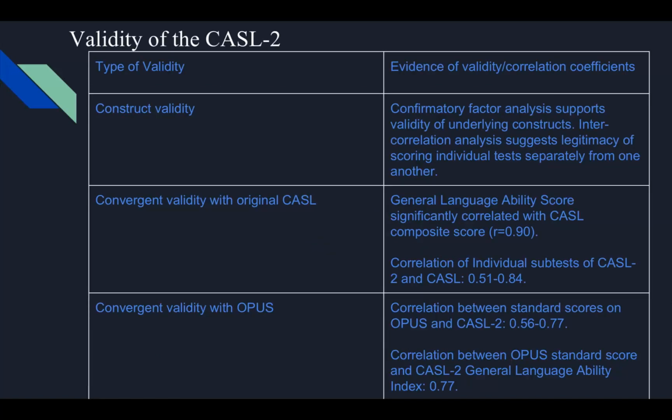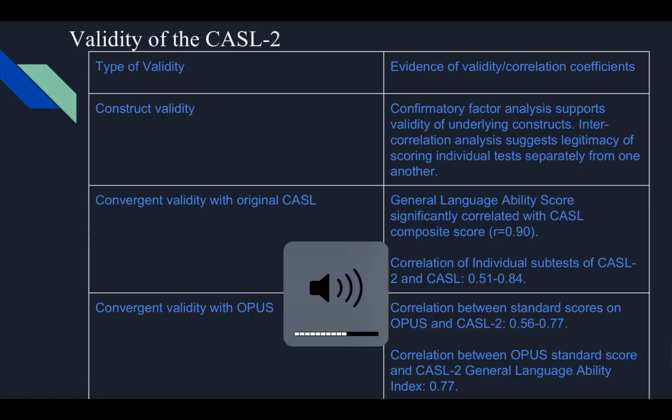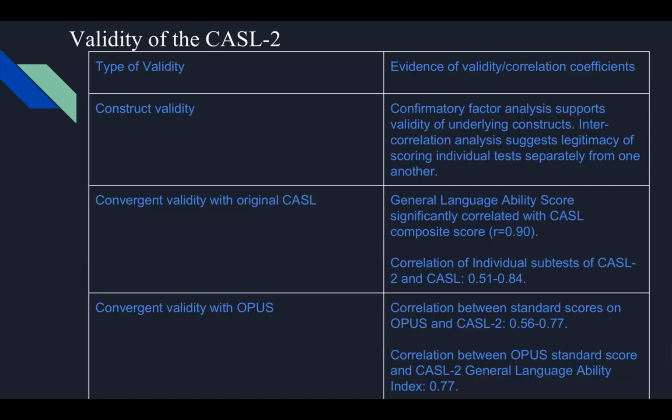The CASL also demonstrates good validity. Evidence of construct validity comes from a CASL-2 factor analysis, which supports the validity of the underlying constructs of the integrative language theory. Intercorrelation analysis suggests that it is legitimate to score and interpret the CASL-2 tests separately from one another. Convergent validity was established by comparing the CASL-2 to the original CASL and the CASL-2 to the OPUS, or the Oral Passage Understanding Scale, which is a companion instrument to the CASL-2.